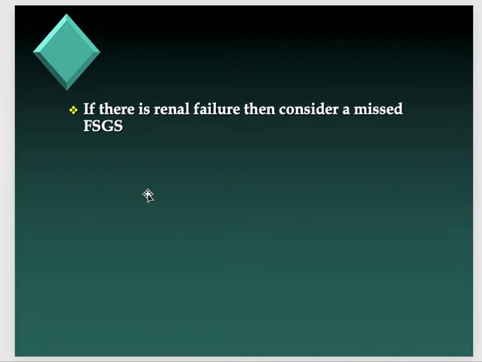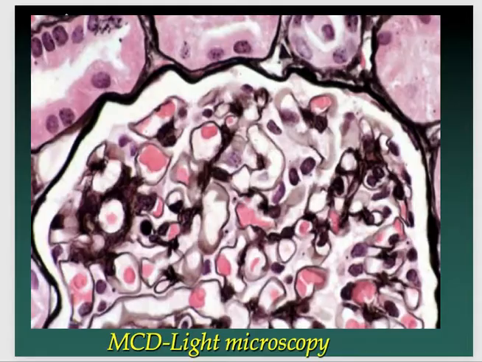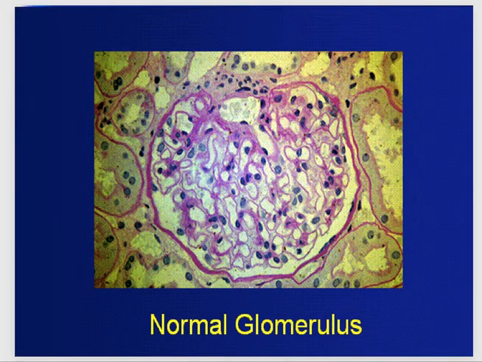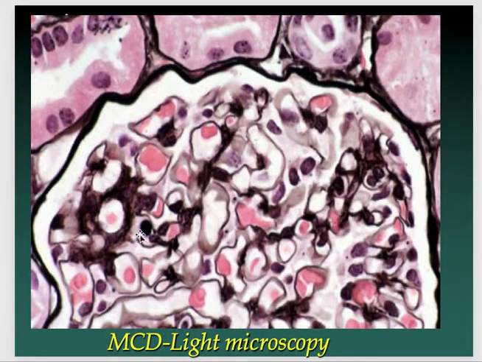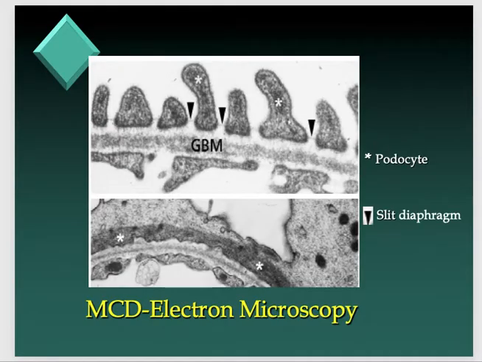As I told you, that's how they named it minimal change disease, because when we see it under the normal microscope, we don't see any changes. But when they see it under the electron microscope, they found that the podocytes are fused together. There is effacement of the podocytes, they are separated from each other.